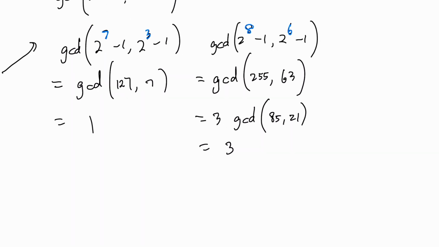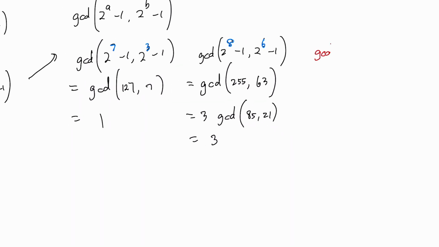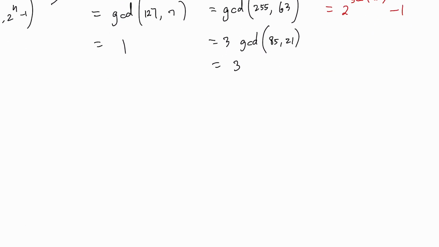But the pattern we should get here is that if we have the GCD of 2^a - 1 and 2^b - 1, our final answer will be 2^(GCD(a, b)) - 1. And let's try to prove that with induction, our best friend when trying to prove something. So, proof by induction.